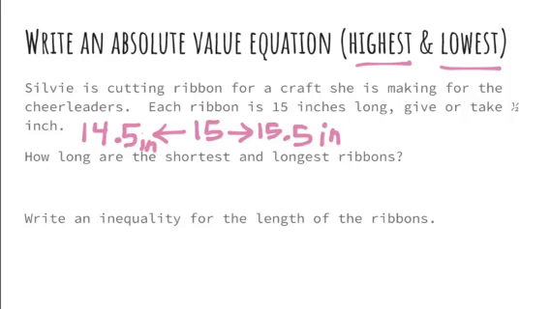If we were to write an absolute value equation for this, we would say that 15 minus x, if x is the length of our ribbon, the absolute value of that is really less than or equal to a half.